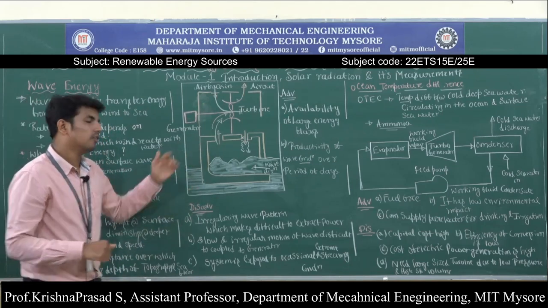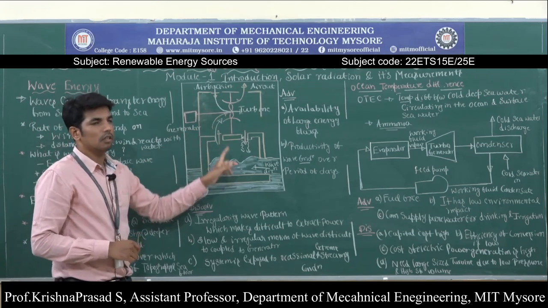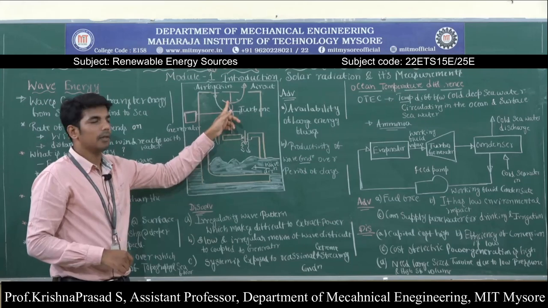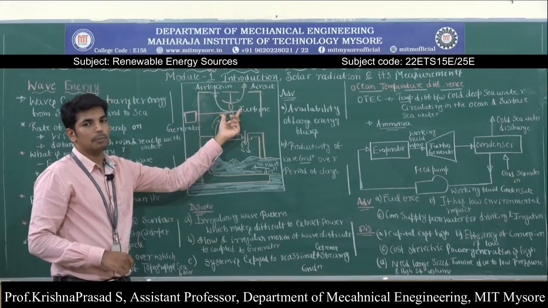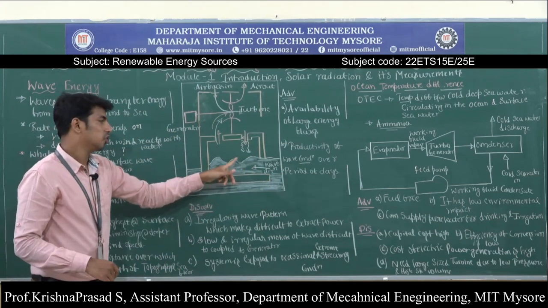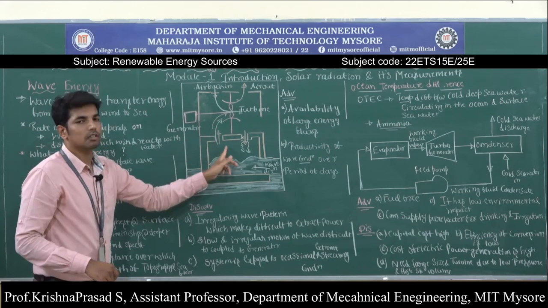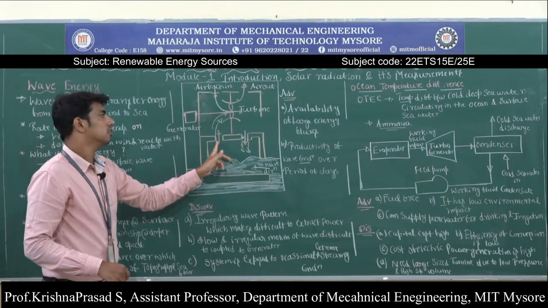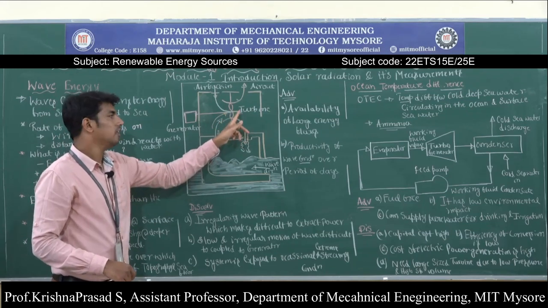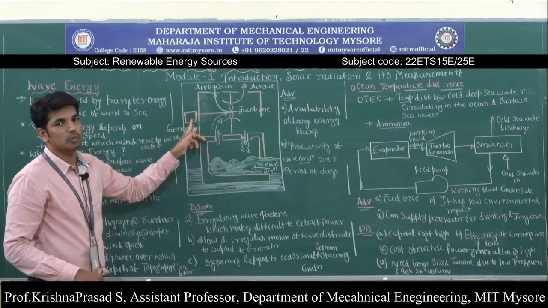Okay, I repeat, what is the working of the wave energy? The wave energy device mainly consists of two chambers along with a turbine. One is called the lower chamber, the other is called the upper chamber, and the turbine is placed in the upper chamber. When water enters into the lower chamber, the air present on the surface of the water enters into the upper chamber and pushes the turbine, and the turbine is in turn connected to the electrical generator through a shaft, hence electricity is produced.